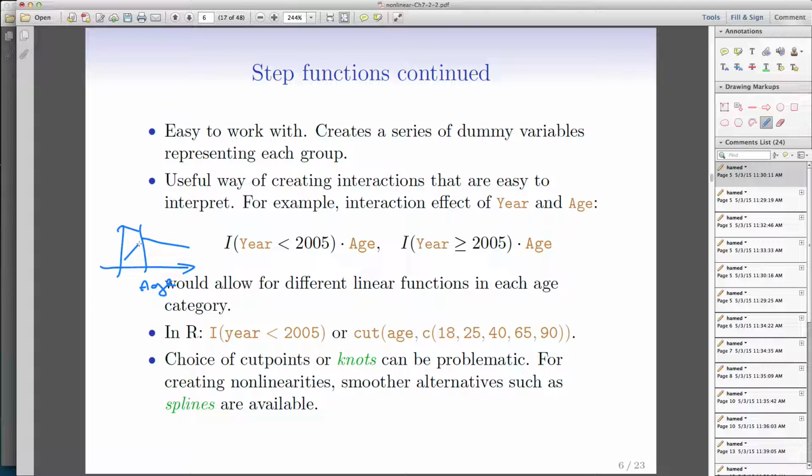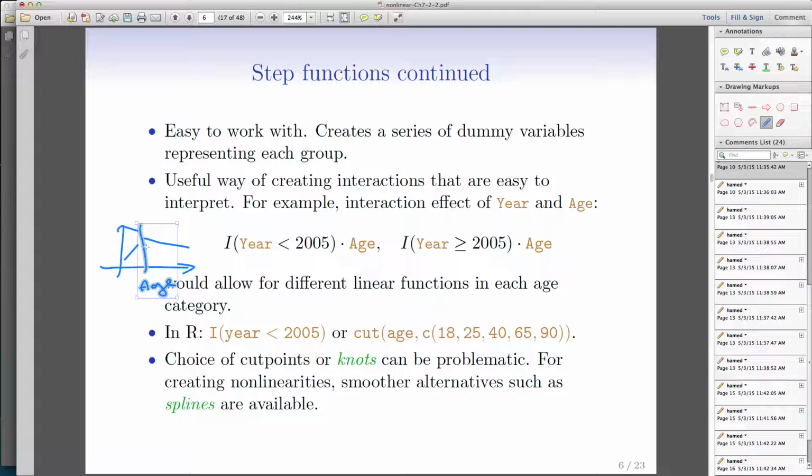Right before your age, this is your prediction. Right after your age, this is your prediction, and that's the problem. How can your prediction for somebody who is 34.9 years old be, let's say, 80K, and for somebody who is 35.1 years old, 120K? It doesn't make much sense. So we're trying to solve this problem.